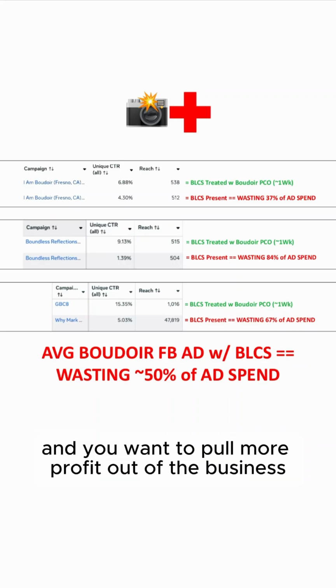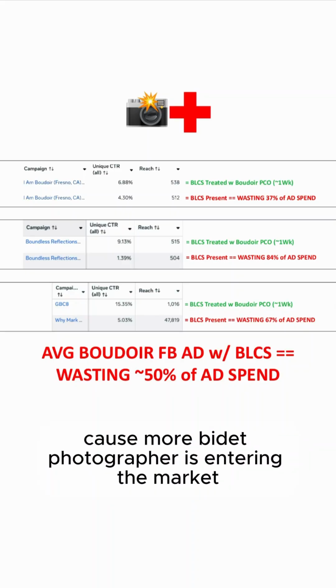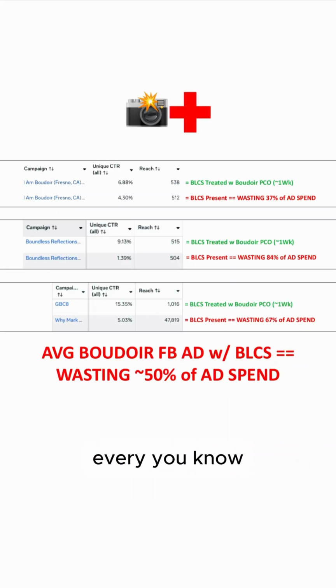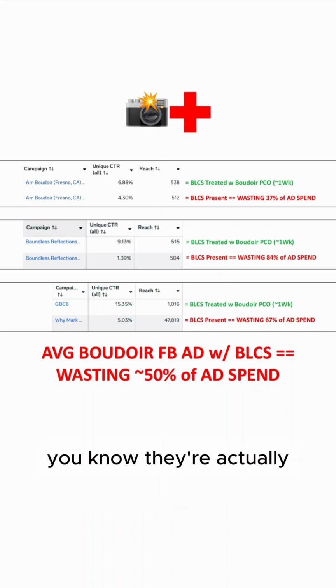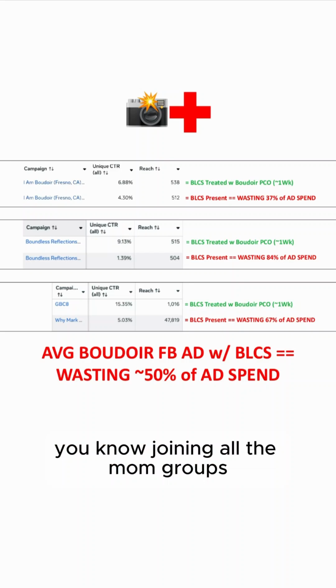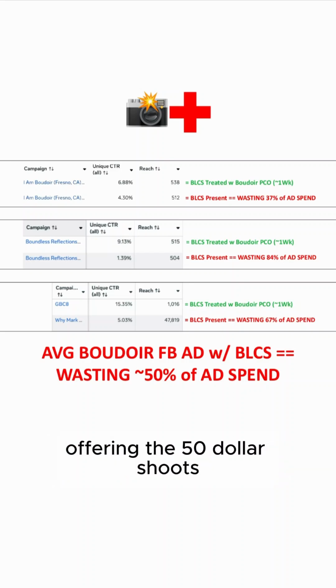and you want to pull more profit out of the business because more boudoir photographers are entering the market every day. It seems like when someone gets a new camera or a new iPhone, they're actually joining all the mom groups, offering the $50 shoots.